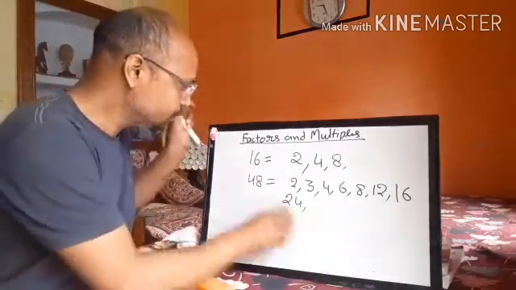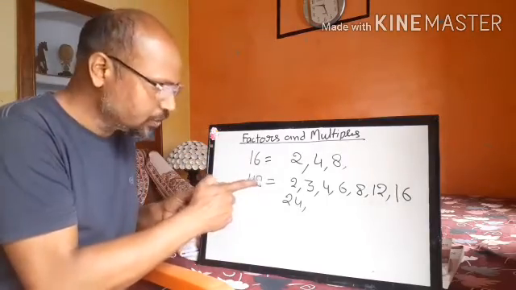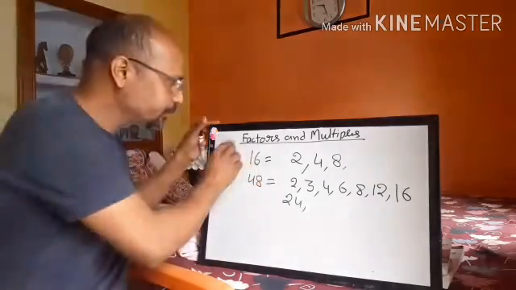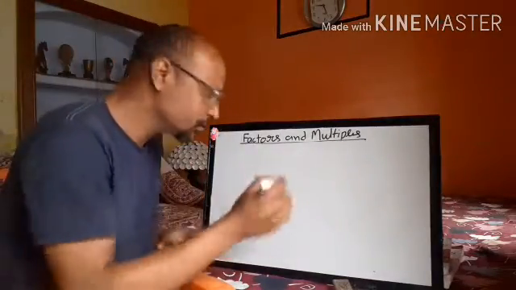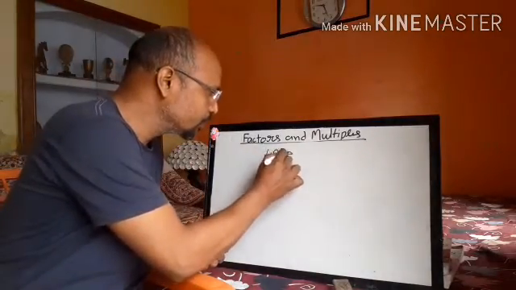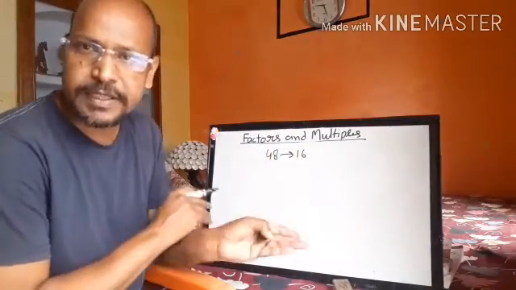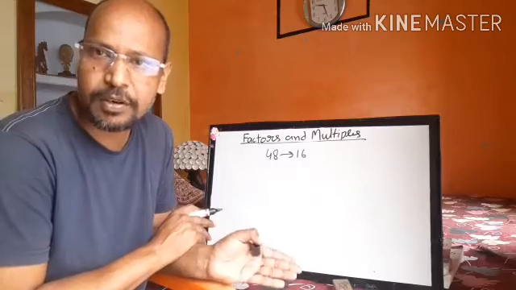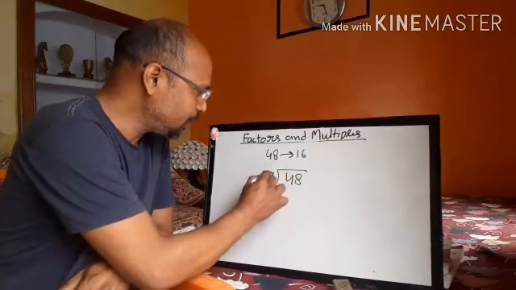Let's check it out. I'm going to take 48 and divide it by 16. So 16 is a factor of 48. Let's see whether it is divisible completely or not. So divide 48 by 16.